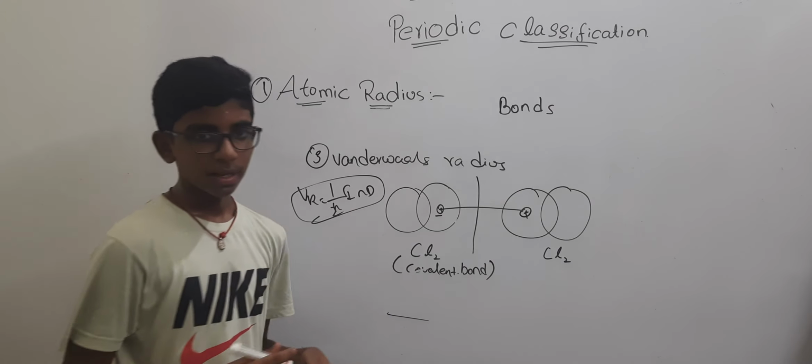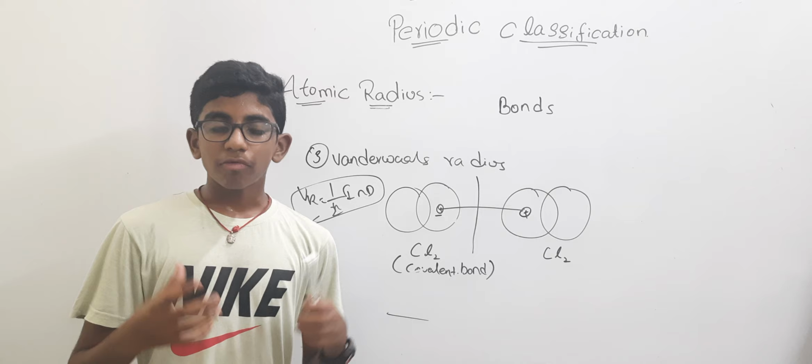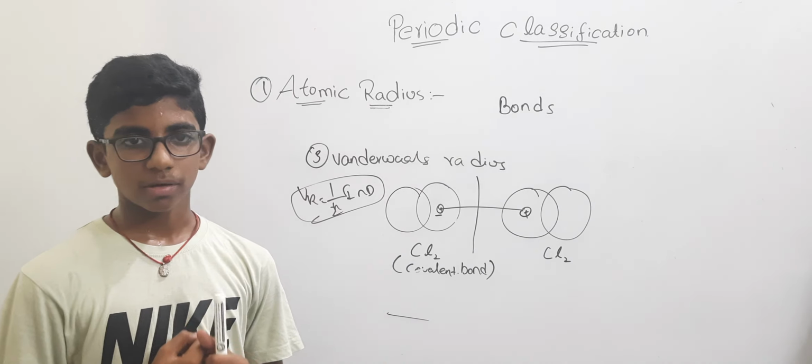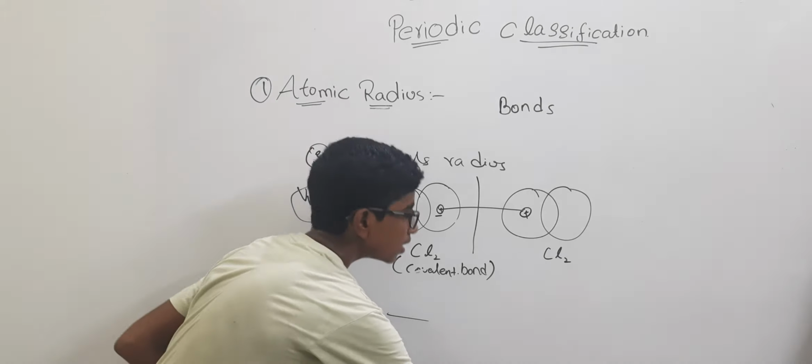This is common. Now, what is the relation between all these three types of radii?